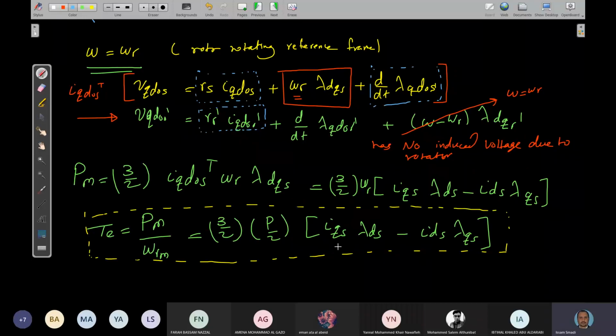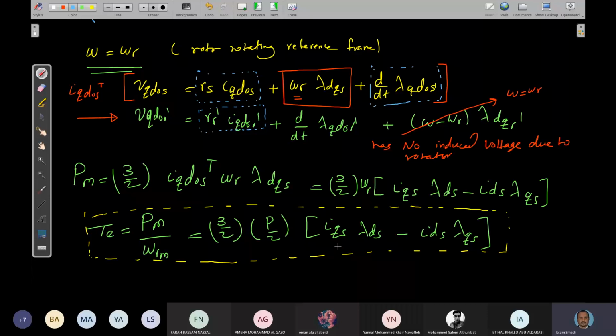The second stage: in the ABC reference frame, or the machine variable reference frame, the inductance LSR, the mutual inductance between the stator and the rotor, was a function of theta r. So it's a function of time, so it's time varying, and this makes the system time varying.